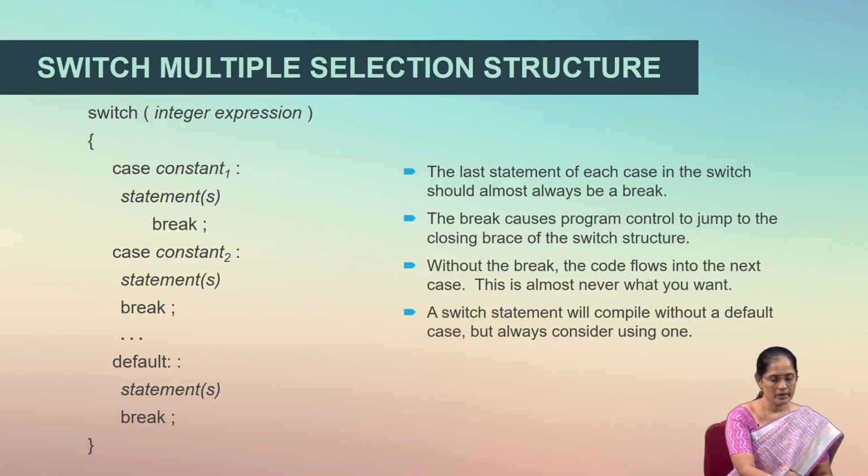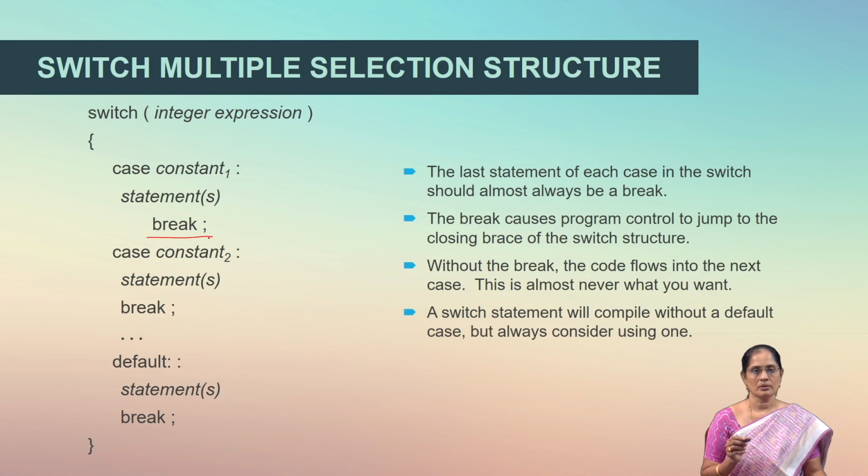One thing we must learn: we are supposed to use a break statement for every case. So, break is also a keyword. The last statement of each case in the switch statement should always be a break.